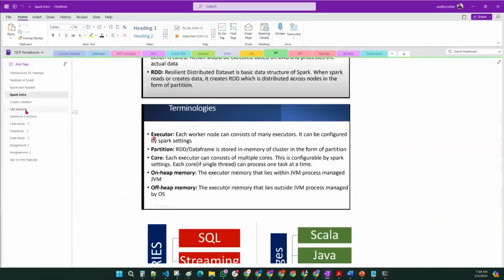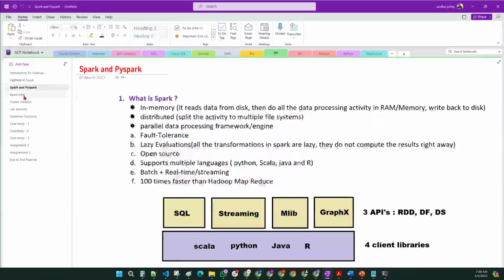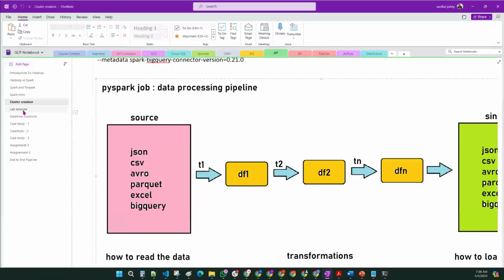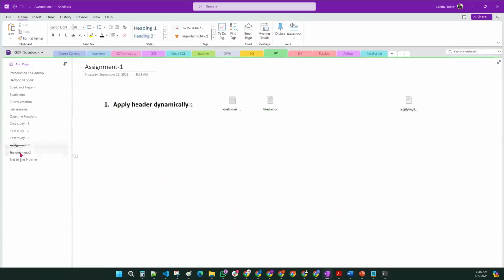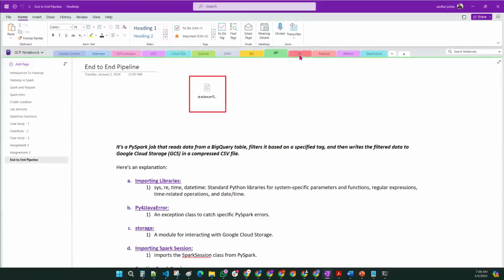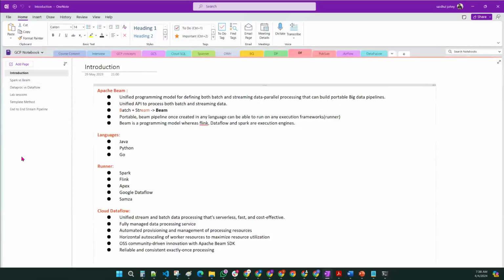You see plenty of things here: introduction to Hadoop, Spark, PySpark, cluster creations, single node, multi-node, lab sessions, case studies 1, 2, 3, 4, assignment 1, end-to-end stream and batch pipeline, Dataflow. All of these things are for the advanced, because we cannot cover everything in 10 days. You guys have to remember that, please.